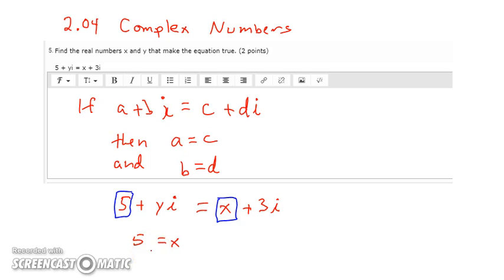Okay, so the value of x equals 5. The imaginary components are going to be the yi and the 3i. Since they both have an i in there, we can ignore that. We can just say y equals 3. So the values of x and y are going to be x equals 5 and y equals 3.